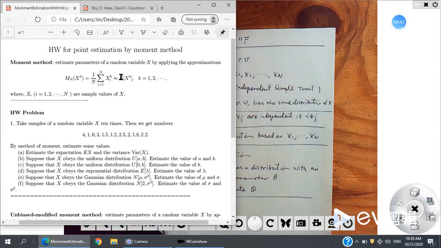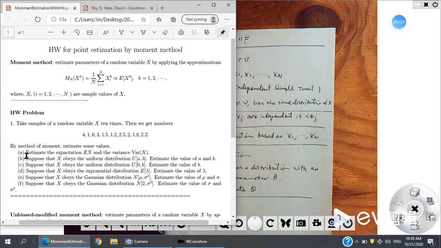Yeah, this is the moment, and xi are the samples of x. Then we want to estimate something. Here I have homework problems. So after the class, you will do these as homework. Here we ask for A, B, C, D, E, F. I have 6 different problems, and in each problem we want different parameters.